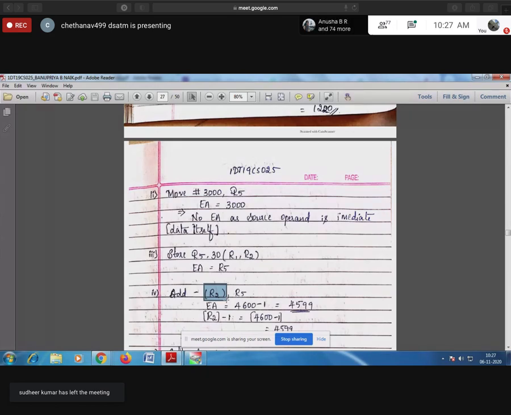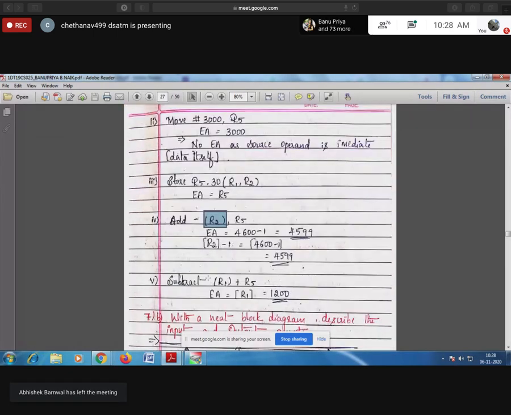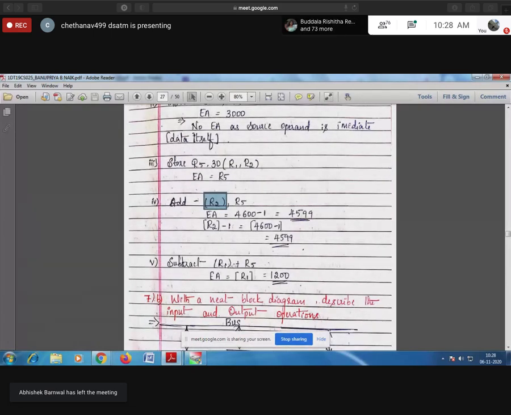Go to R2, there is an address, and that address will give you the information of where your data exists. Even here it is auto decrement. Go to R2, we have 4600 minus 1, you will get 4599. Go to 4599, there you will get the data. That's the effective address.